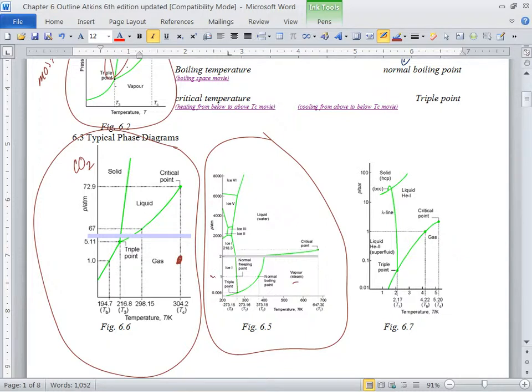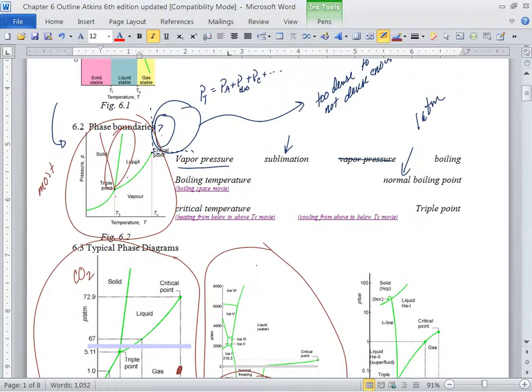So that's why they went across here, and they went all the way over to the solid-liquid line, right? So there's our normal freezing point or melting point. Okay, so they're showing you a lot more. Usually we see a phase diagram like this, right? Just get rid of the rest of it, and this is the part we're looking at. If you look at just this part, man, it looks really similar to what we did up here, except what's different?